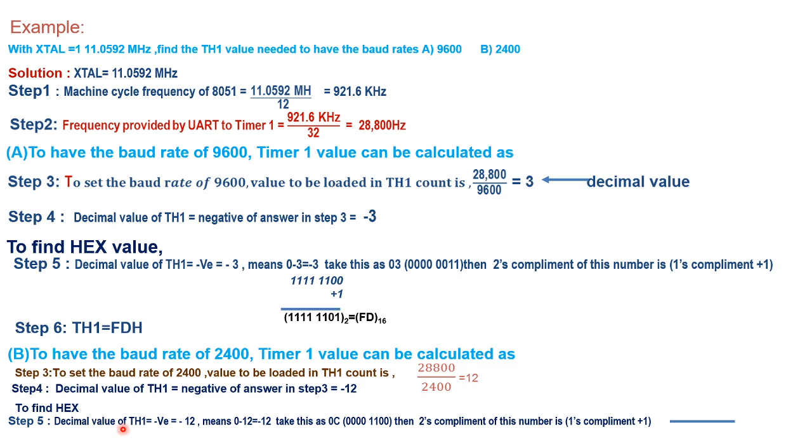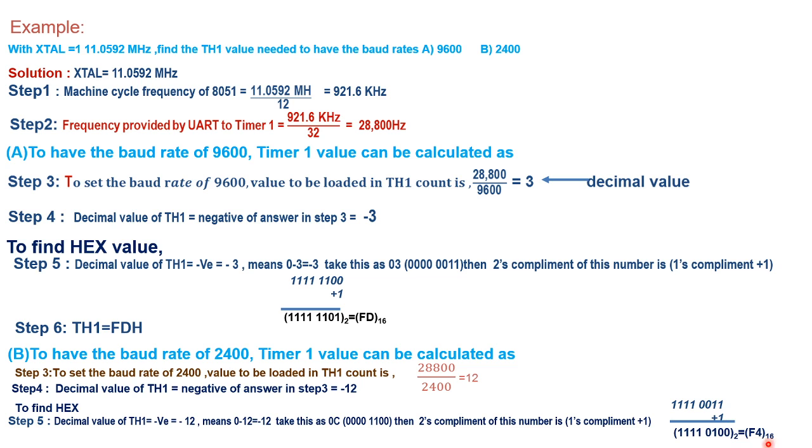So in step 5, the decimal value of TH1 is minus 12, meaning 0 minus 12. 0C is the hexadecimal value of 12, so in binary 0000 1100. The 2's complement of this number will be the hexadecimal value, so 1's complement plus 1 gives us 1111 0100, that is F and 4.